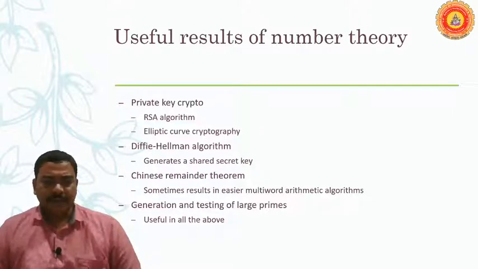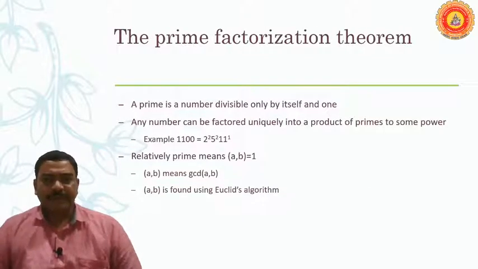It is applicable everywhere, but specifically number theories and theorems are used in cryptographic algorithms, and these are some examples. The prime factorization theorem: a prime is a number that is divisible only by itself and 1. Any number can be factored uniquely into a product of primes to some power.